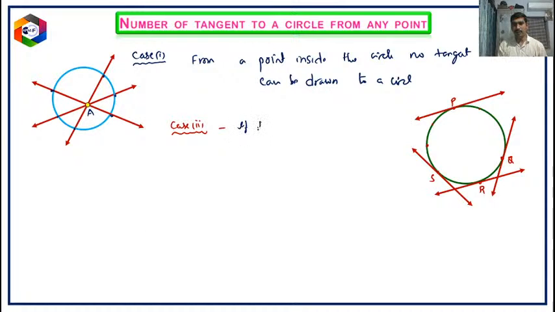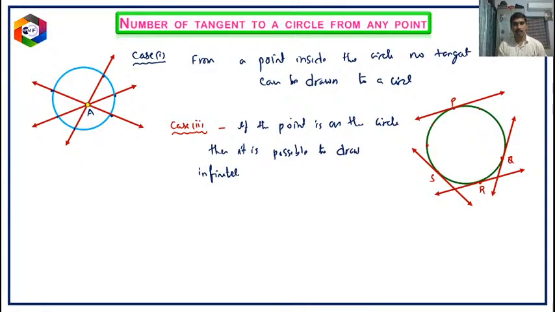If the point is on the circle, then it is possible to draw infinitely many tangents to a circle.